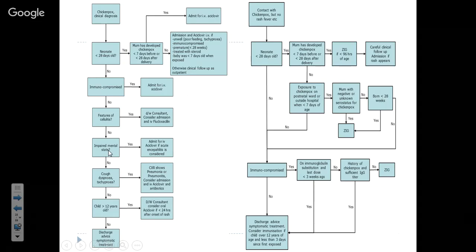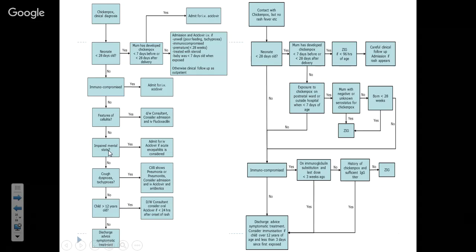This is a very complicated diagram of a management pathway for chickenpox. The general gist is if there are pre-existing risk factors or severe signs or symptoms that might increase the risk of a serious infection, then you generally want to lean towards admitting for monitoring and acyclovir.